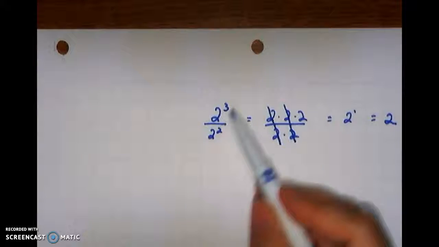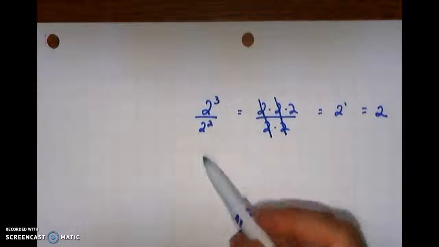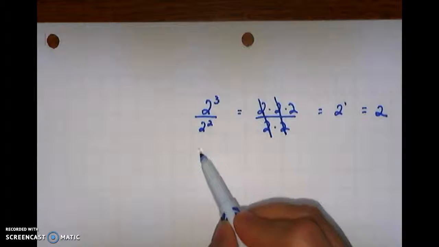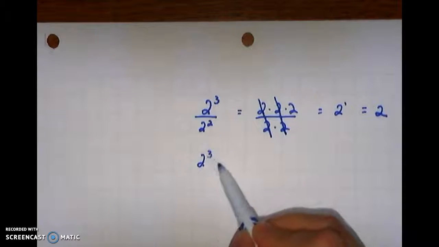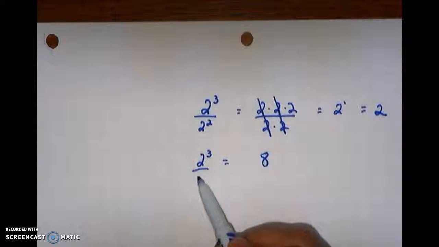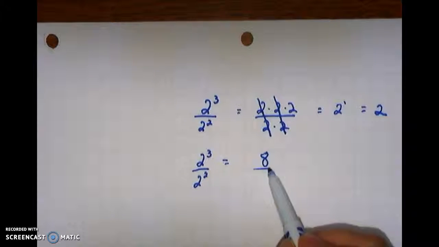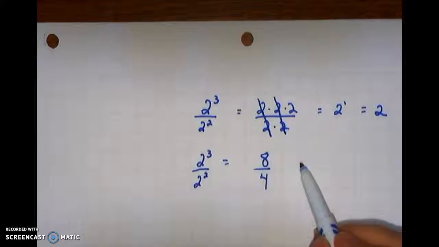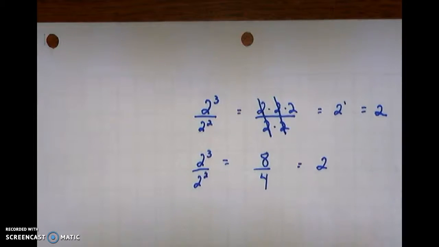Let's think about this another way. 2 to the third is 8. 2 times 2 times 2. 2 squared is 4. What is 8 divided by 4? Still 2.